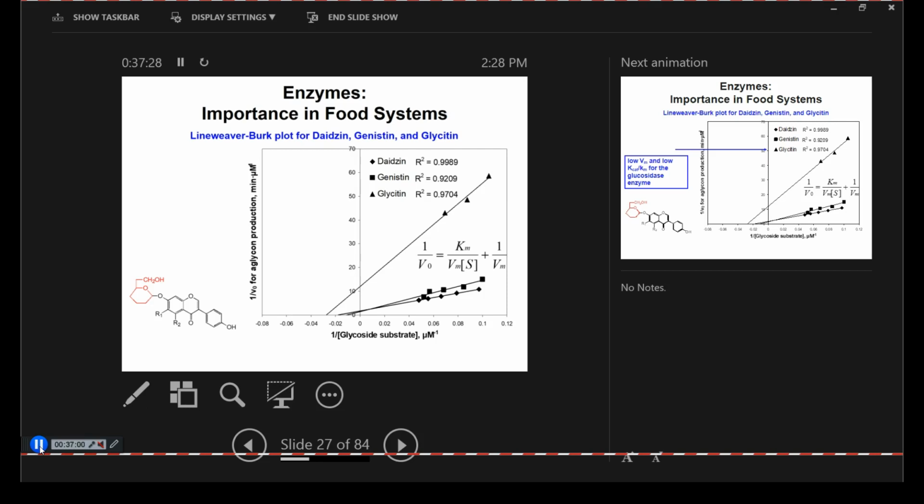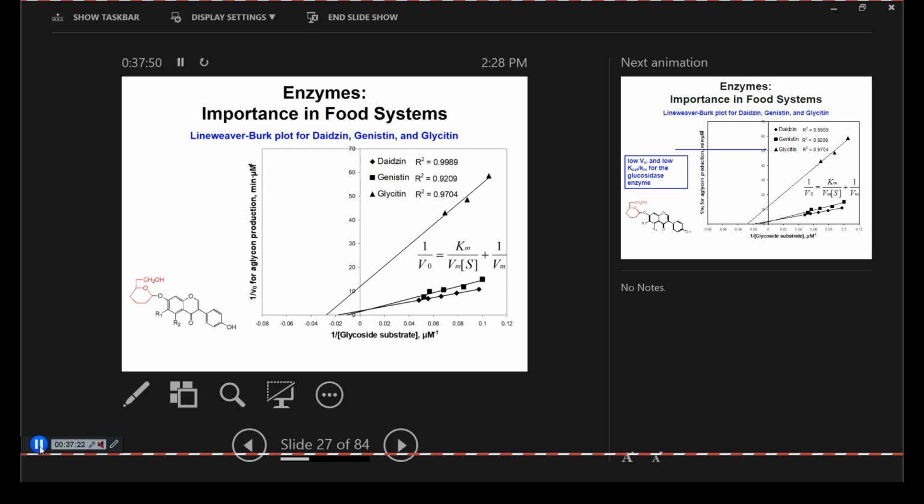By looking at this, can you tell me which of these would be more bioavailable or least bioavailable? Can you predict based on what you see? Look at Km.